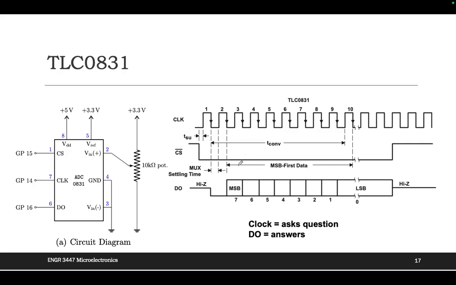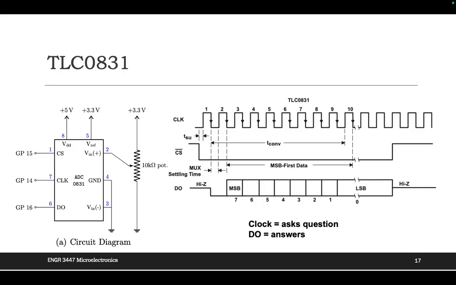Then the ADC will read the voltage and transfer the voltage to a binary number. And the Pico W will read this binary number based on the clock signal changes. From high to low, I will read one bit, and from high to low, I will read the next, until 8 bits. That makes sense to you?